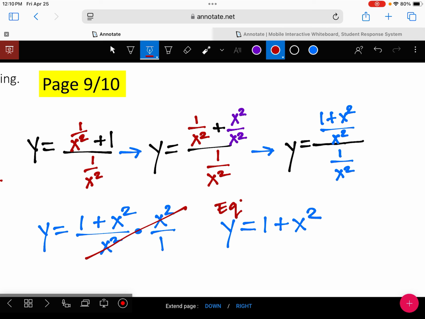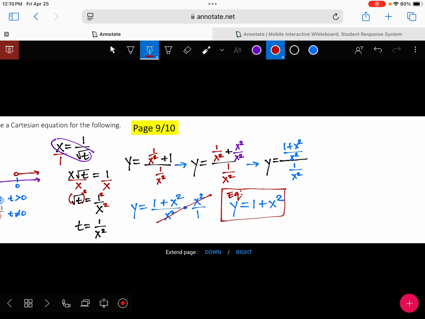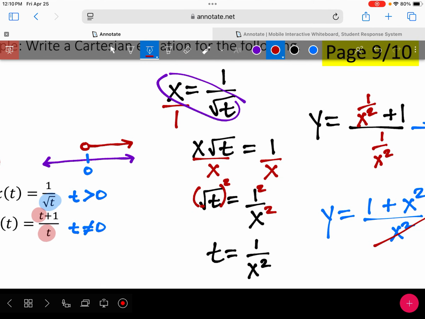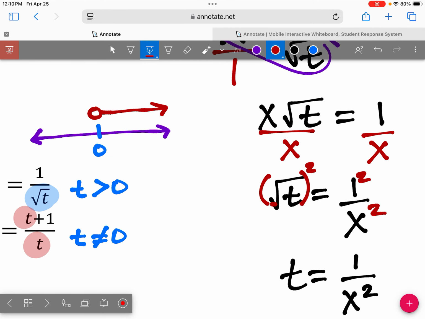This is my equation. Now, does this equation present us with any additional red lights? So what you see boxed in red, does it have a red light? Does it have a square root? Nope, and we're not dividing by x anymore. So my domain that I started off writing over here still holds true.